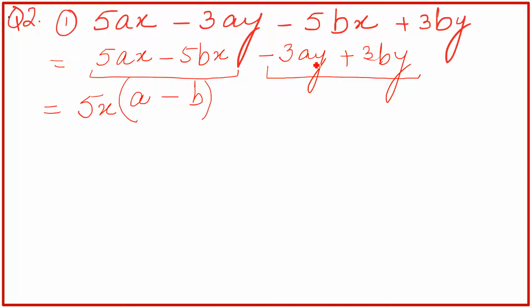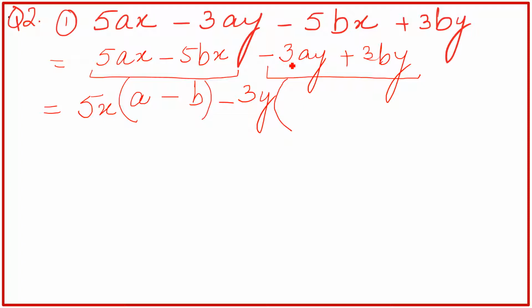From these two terms, we can take negative 3, because 3 is here, 3 is here, and y is here, y is here. We can take minus 3y as a common. I told you, whenever we take negative as a common, you should be very careful. All the signs inside the parenthesis will change.